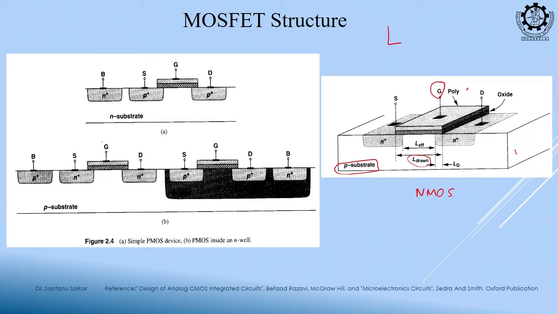Now, this channel length, you see the physical length is supposed to be from this point to this point, but maybe this region may grow a little bit, because this is all in micrometer length. So, it is very difficult to control.